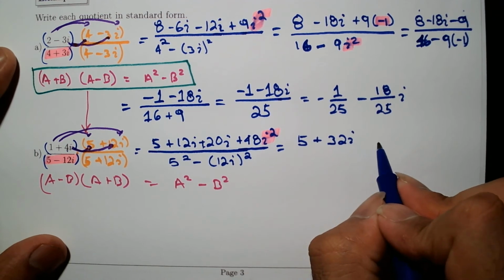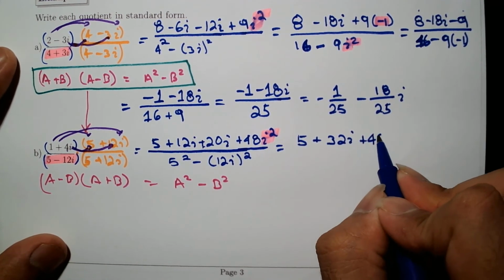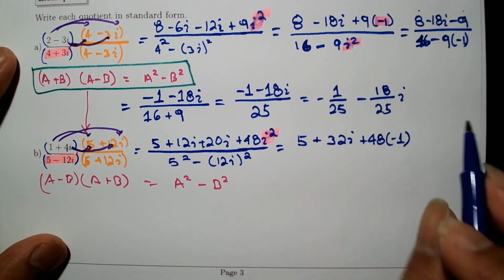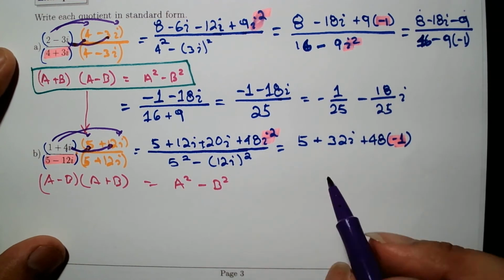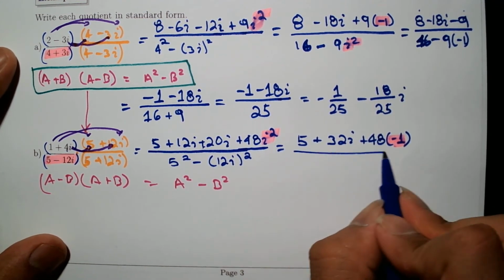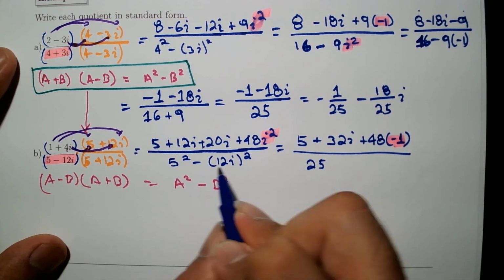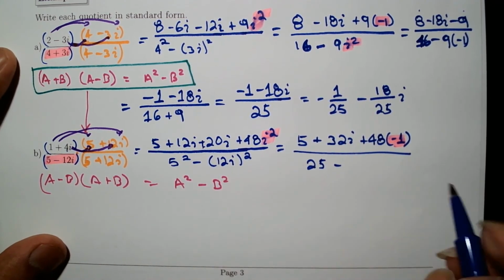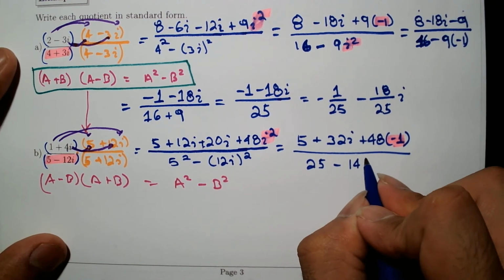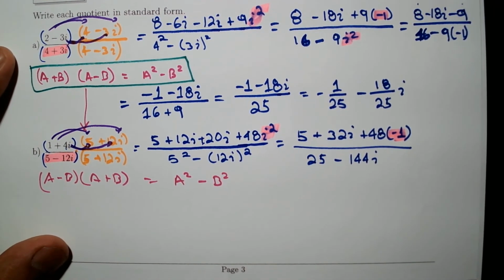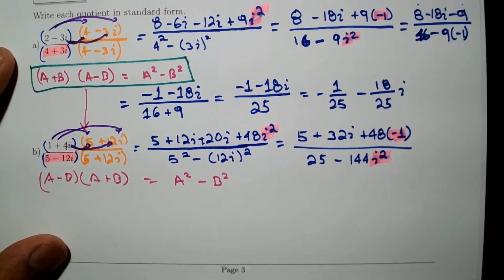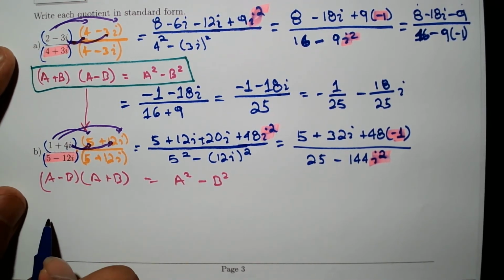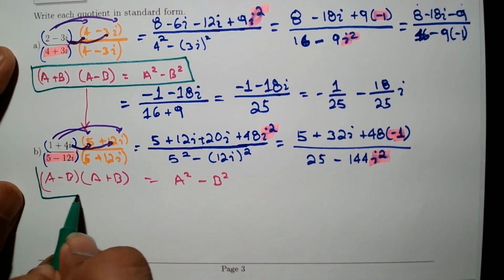And 48 times i squared, but i squared again is negative 1. And then divide that by 5 squared, which is 25, minus 12 squared, which is 144, and i squared, which is, let's denote it as i squared for a second. But what is that i squared going to be again? Yes, that is correct. Negative 1. Let me enclose this in a box again.